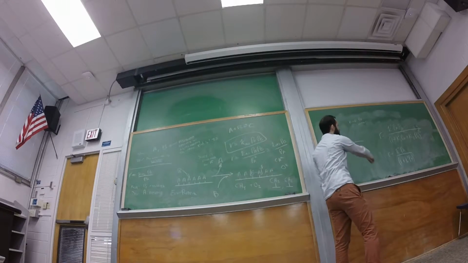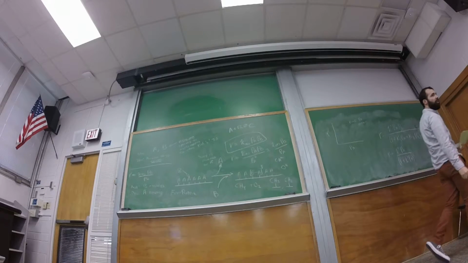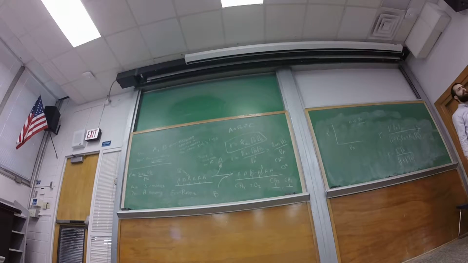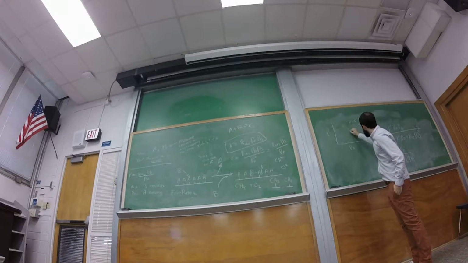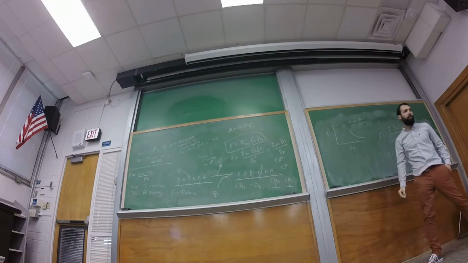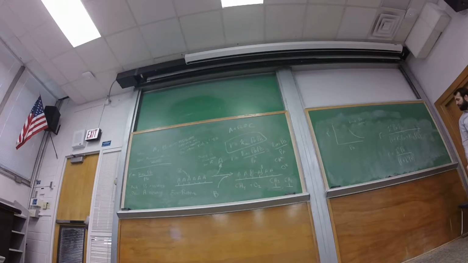So what does this look like then? What does the rate look like as a function of the pressure of A? Inverse curve, approximately. You're half right. When PA is less than 1, it grows.